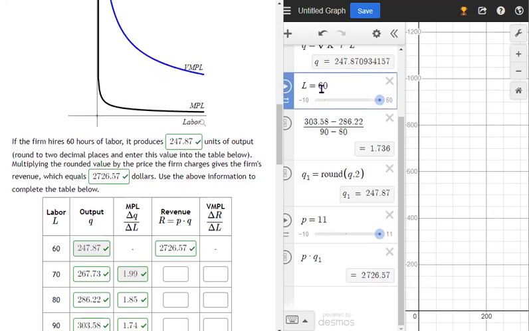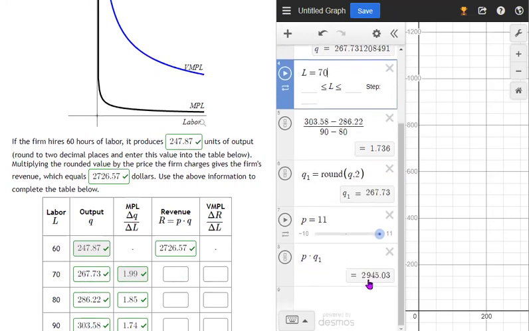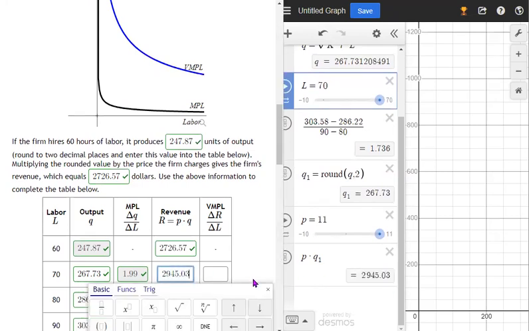Okay, now I'm going to change the labor demand to 70. When I change the labor demand to 70, my output is 267.73, right? But I'm going to multiply that by 11, which is 2,945.03. So I've multiplied this by 11 here to get this value.